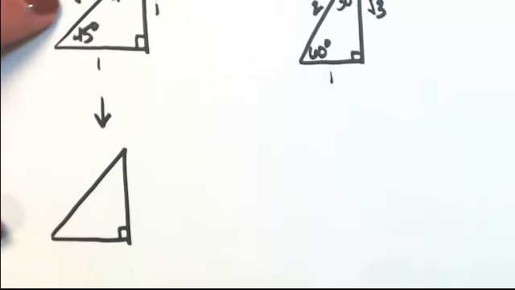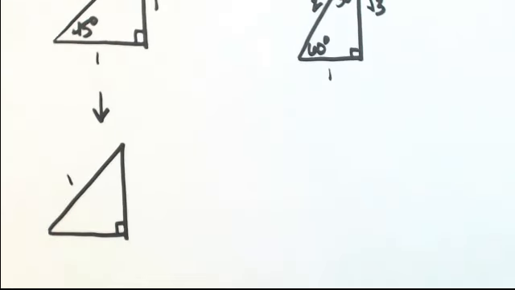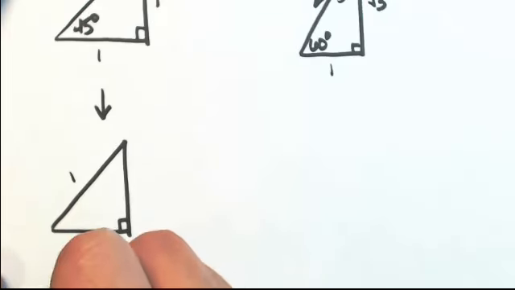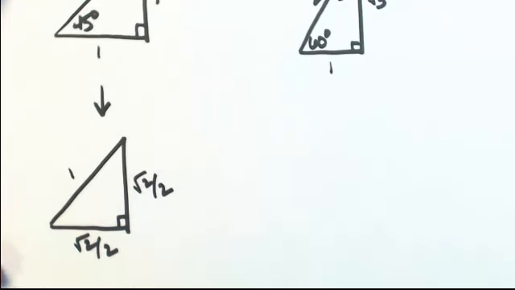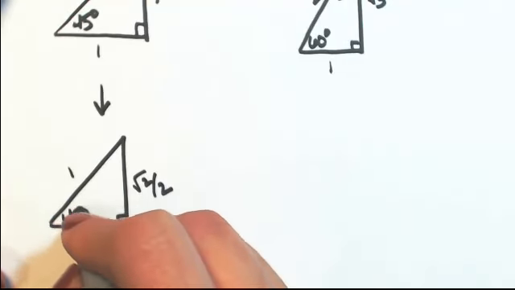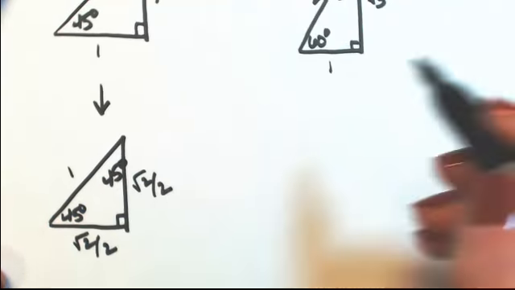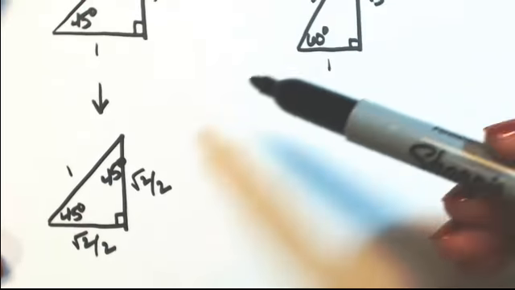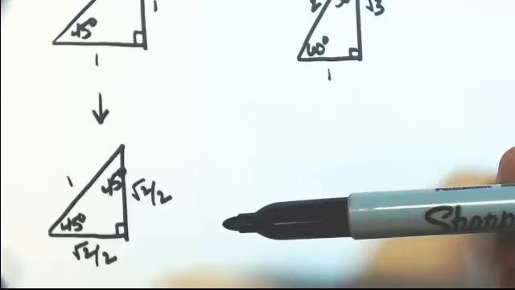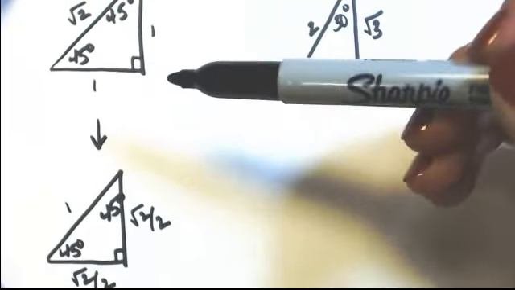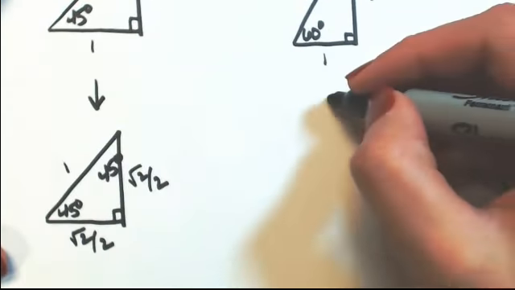Here, square root of 2 divided by square root of 2 is now going to be my radius of 1. 1 over square root of 2 is just square root of 2 over 2. So this is just a shrunken version of the original, but the ratio of the sides stays the same.